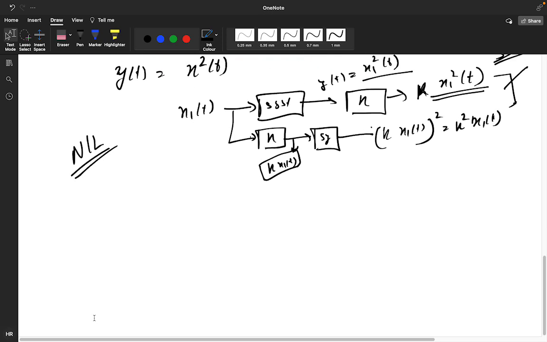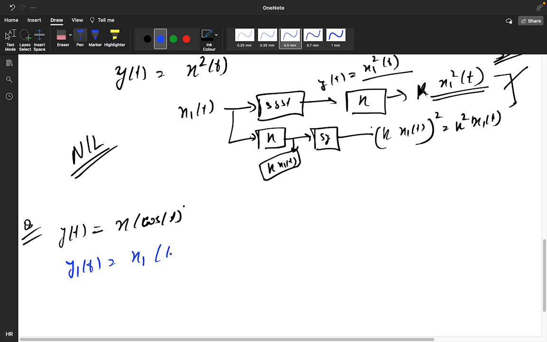In the same way you have to check. Now the question is y of t is equal to x cos of t. First check the law of additivity. y1 of t is equal to x1 cos t, and y2 of t is equal to x2 cos t.